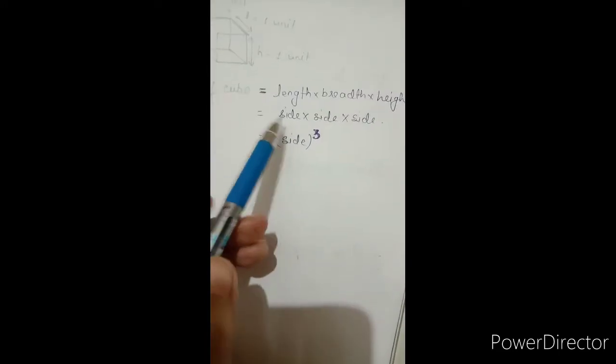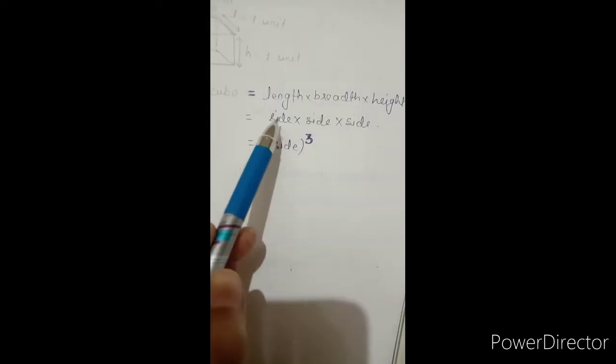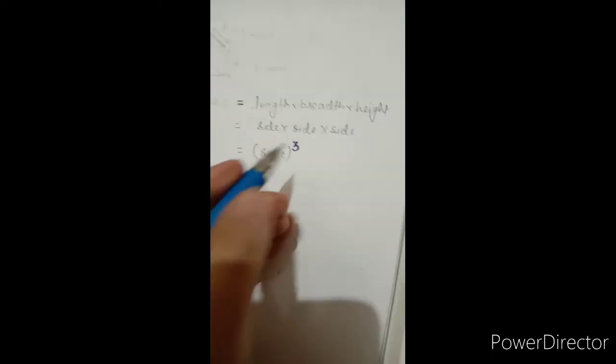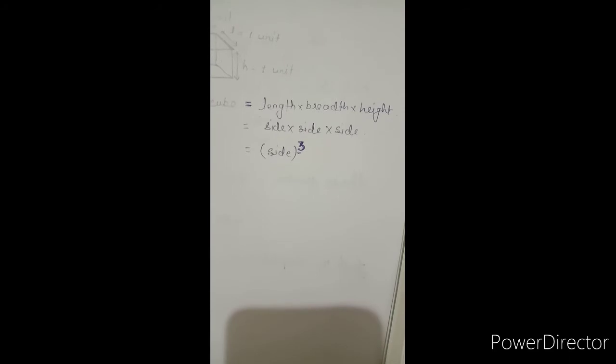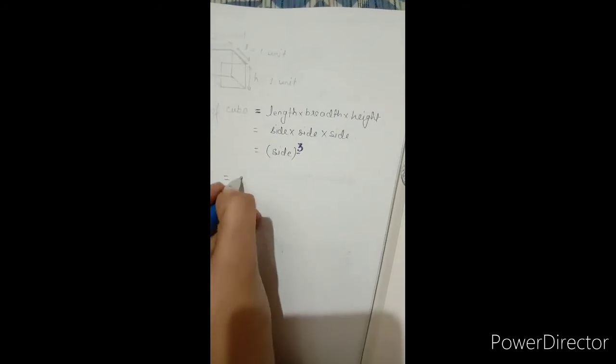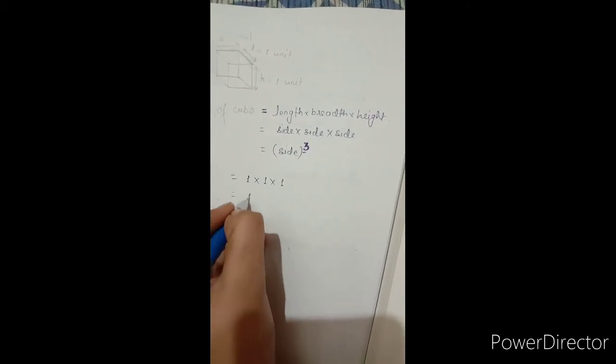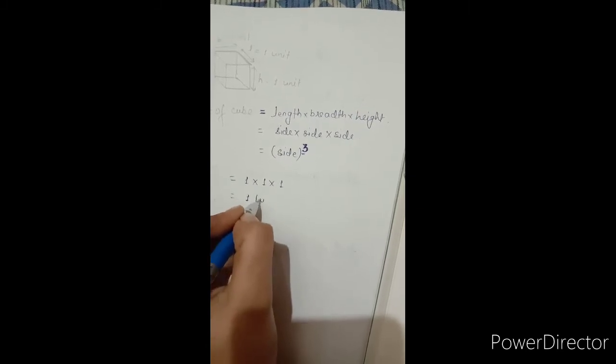You can understand in easy language, side multiply side multiply side. So this unit is known as cubic unit. So when the measurements are 1 unit multiply 1 unit multiply 1 unit, its volume is 1 cubic unit.